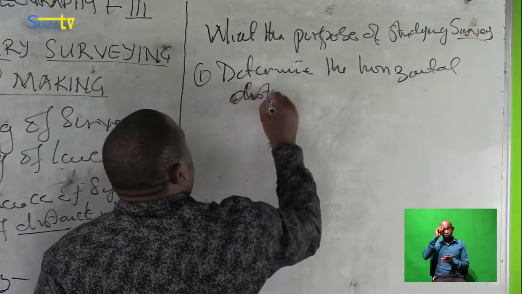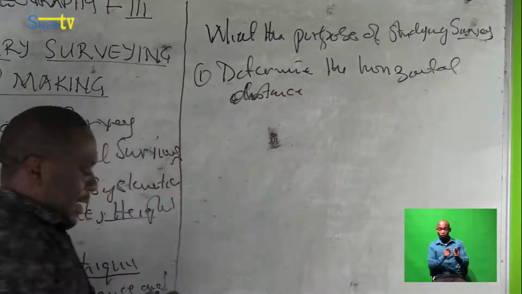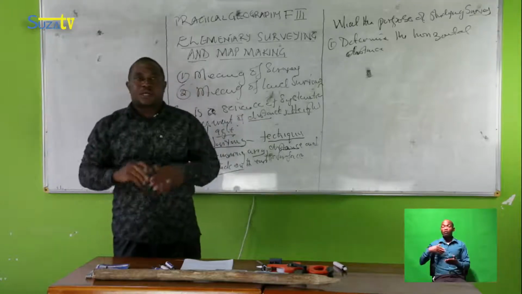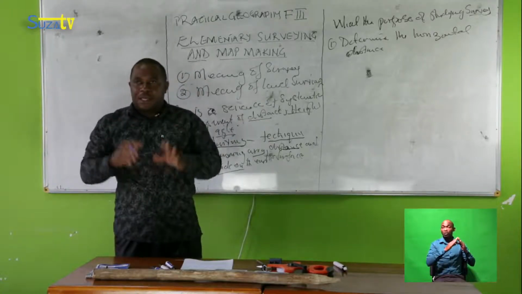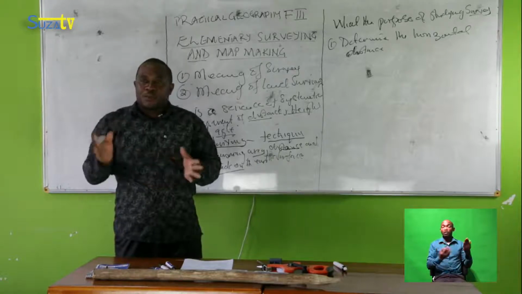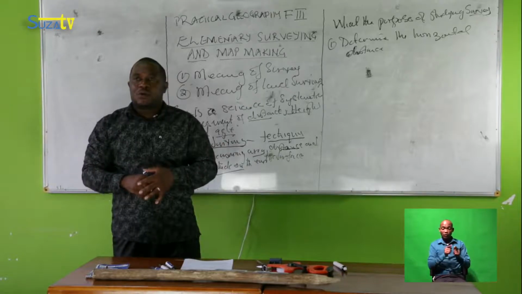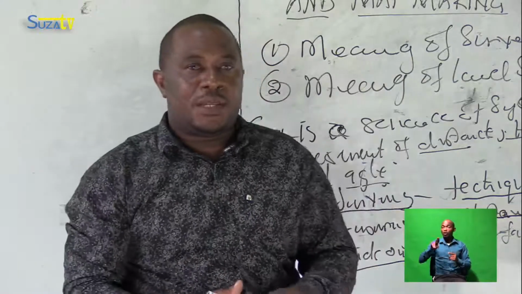Horizontal distance from one area to another, for example if you want to build a house, prepare a playground, or know the distance of the road where we need to build.